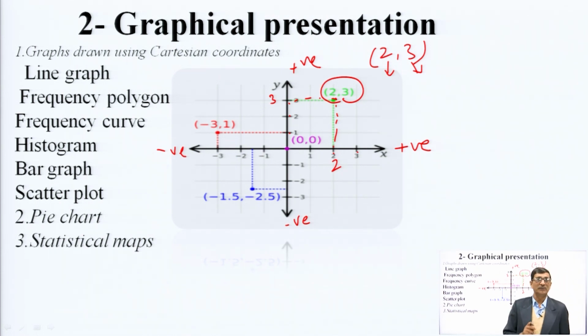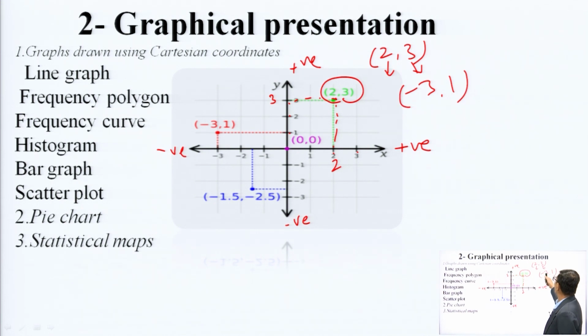So, like this we show the points on the graph, and if we have another point, minus 3 and 1, you see here the value of x, minus 3, lies on the left side, and on the left side the values of x are negative. So, we take minus 1, minus 2, minus 3.